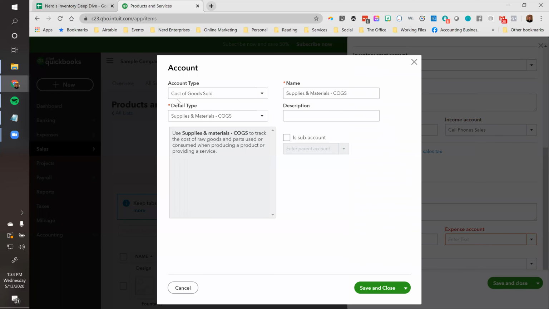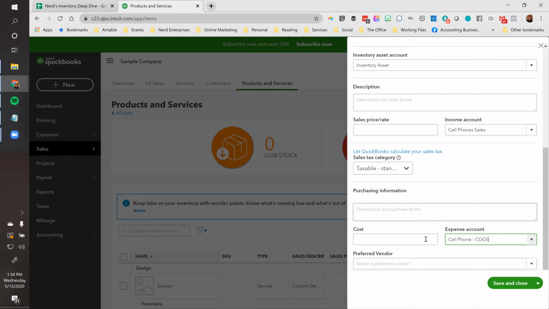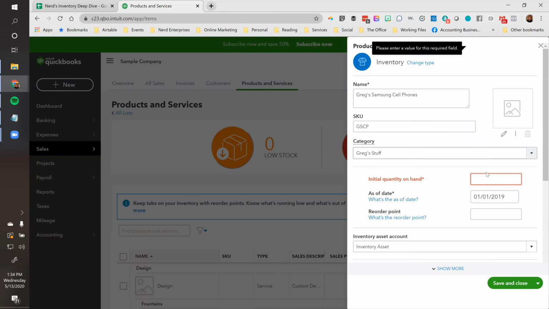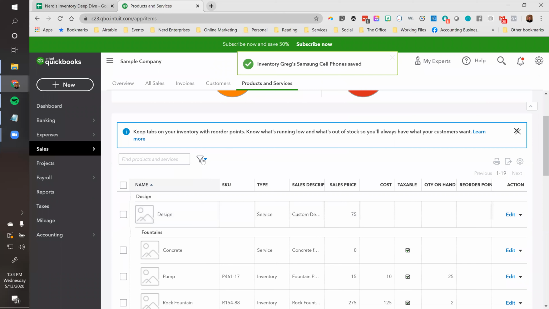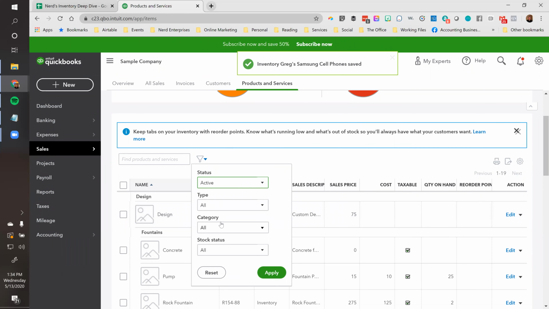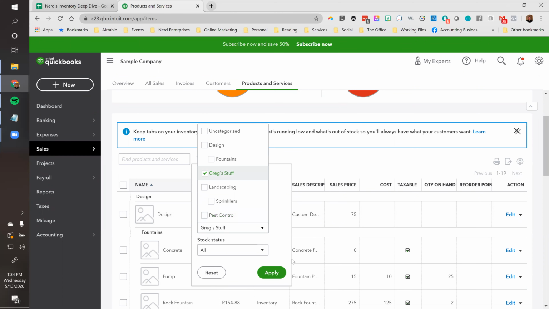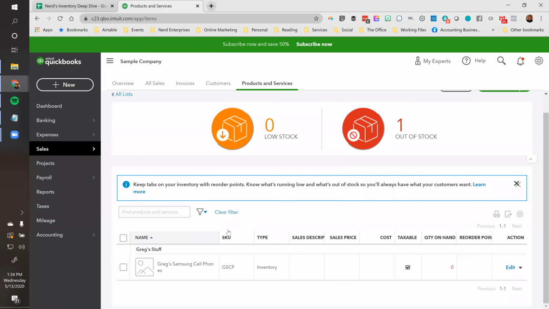Let's add a new cost of goods sold type, cell phone COGS, and save and close. See what's cool about this now, because I categorized it, I can say, just show me Greg's stuff. I only care about Greg's stuff. Me too. Exactly.